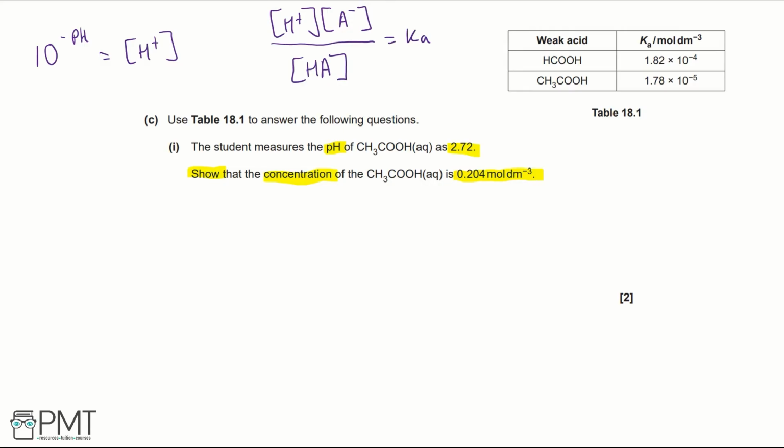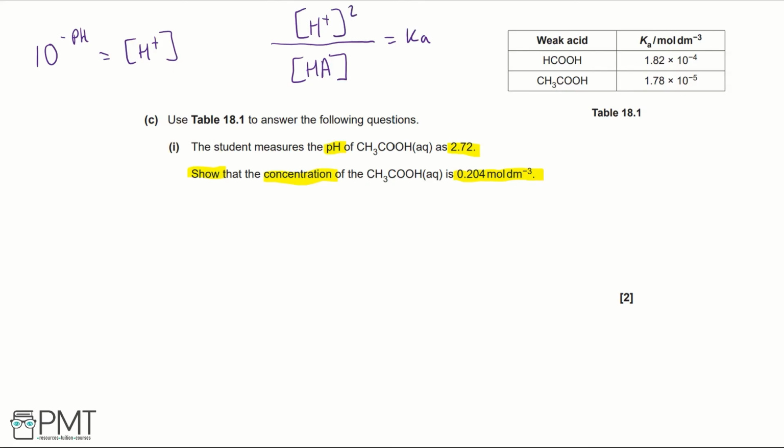So when HA, this is a weak acid, when it dissociates, it forms an equilibrium of H+ and A-, which we saw in the previous question with these conjugate acid-base pairs. And the concentrations of H+ and A- are going to be equal in this equilibrium. So to make our lives easier, we can rewrite this numerator as the concentration of H+ squared.